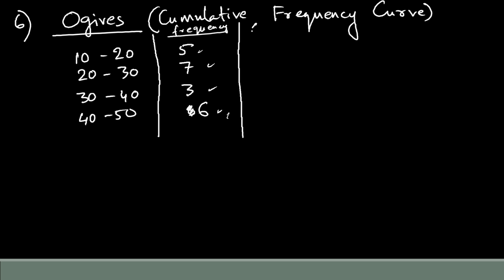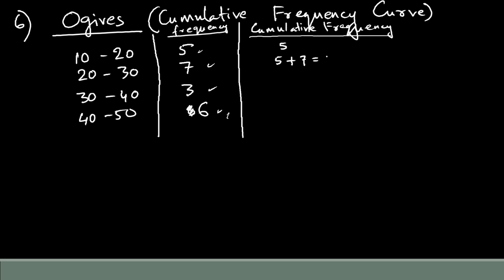Now we need to find the cumulative frequency. Okay, so here you see 10 to 20, it is 5. So this is 5 for sure. 20 to 30 is 7. Now 5 was already there, and you have to add 7 to it.